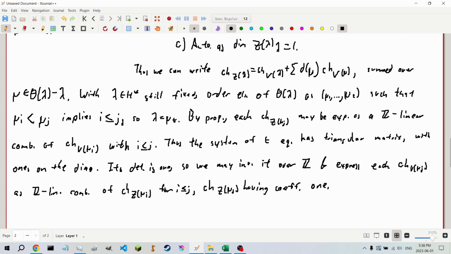Next up, we get a nice corollary for this. Let lambda be in h star.